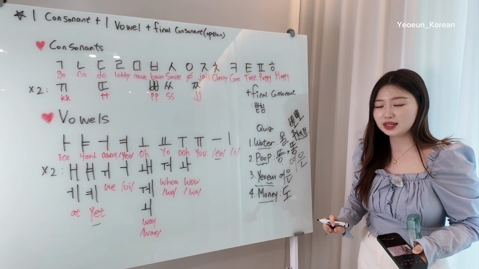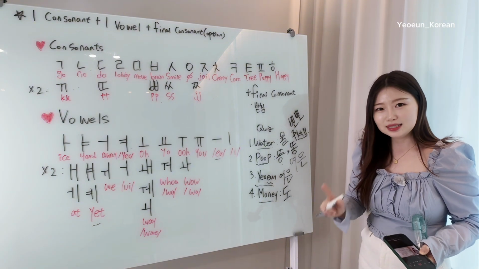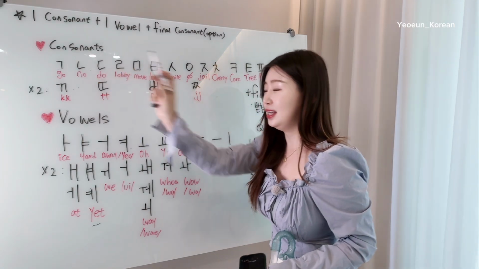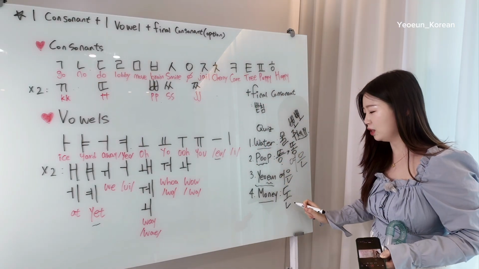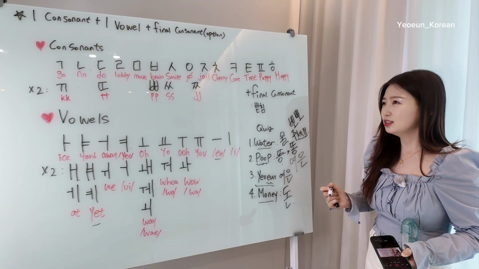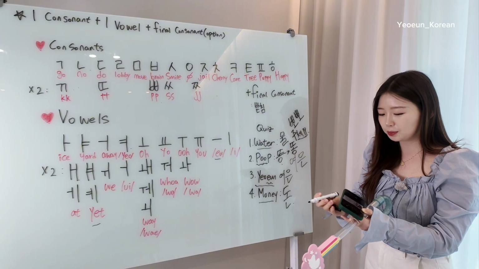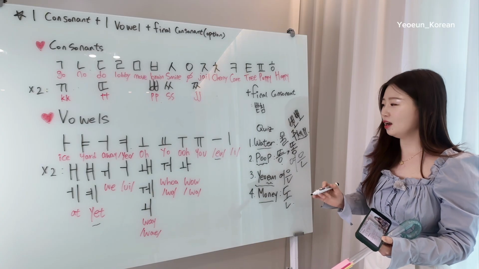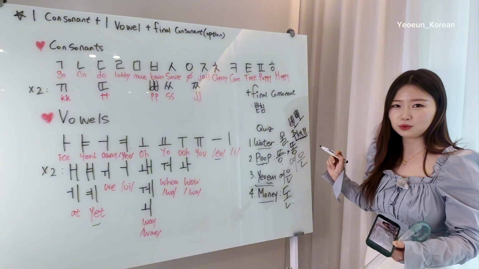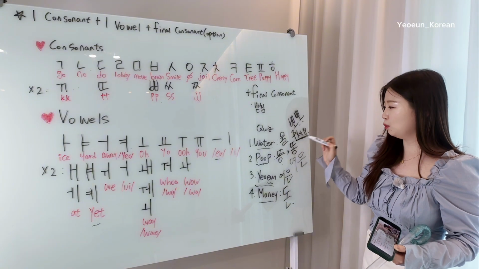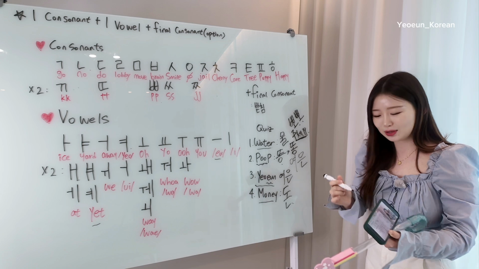And then we're going to find N sound. Yes, right here, N sound. So it will become 돈. And how can you ask other people to give you money? Yeah, right. 돈 주세요. 물 주세요. 뽀뽀 주세요. Like this, okay?